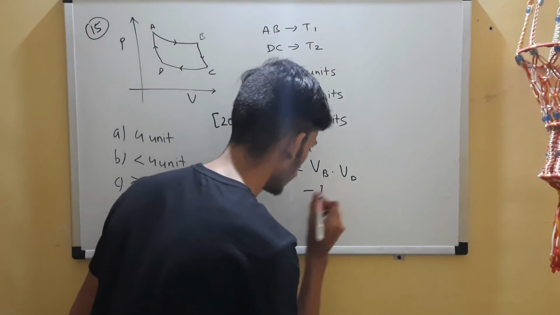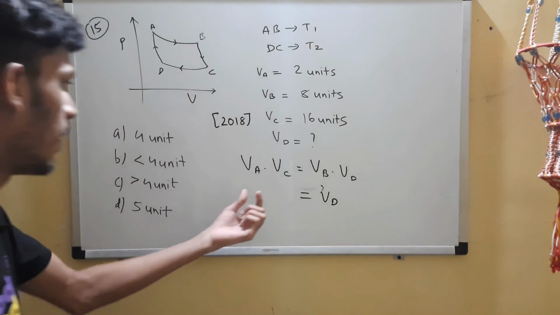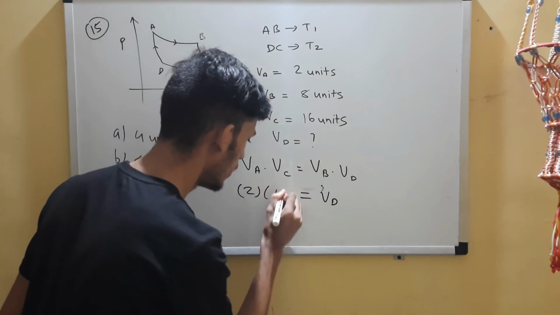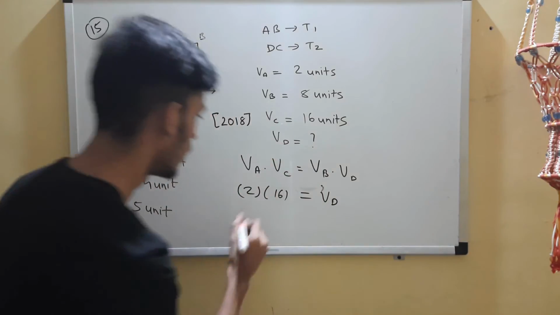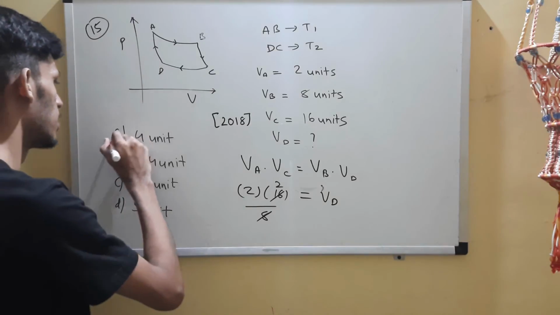So VD will be VA into VC, which is 16, divided by VB, which is 8. So the straightforward answer is 4.